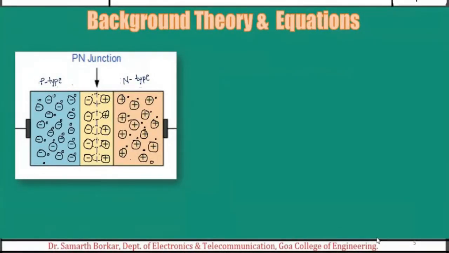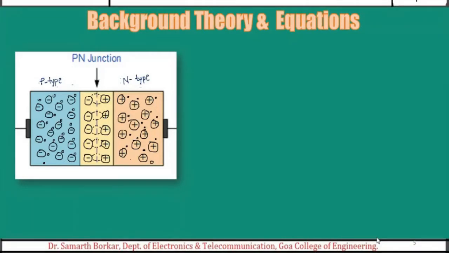In case of PN junction, this is what we have already discussed. Right now, what you see in front of you is the case wherein a p-type block and an n-type block have been brought together. Actually speaking, this PN junction cannot be made simply by pushing the two pieces together.